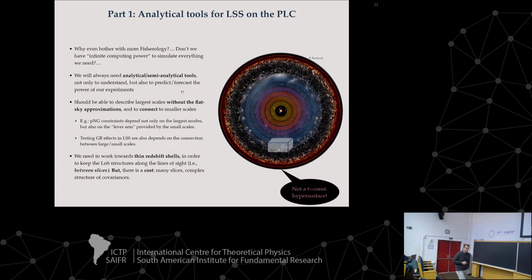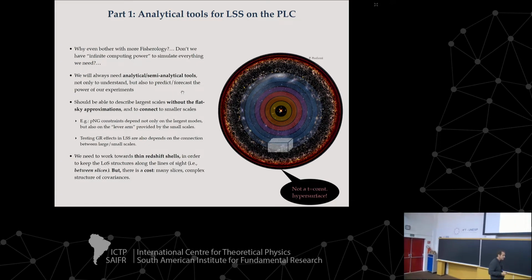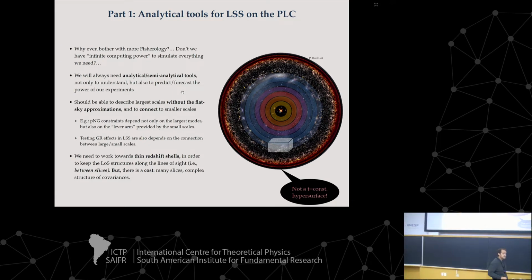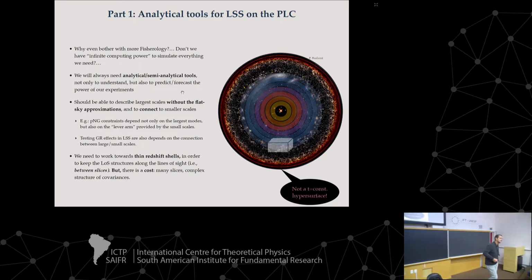So I'll also talk about the statistical description here, which depends not only on the covariance of these observables, which are these two-point functions, correlation functions, and power spectra, but also on this Fisher description. And why do we care about this? Because, first of all, you need to understand things in some analytical sense, not just to simulate things to death.